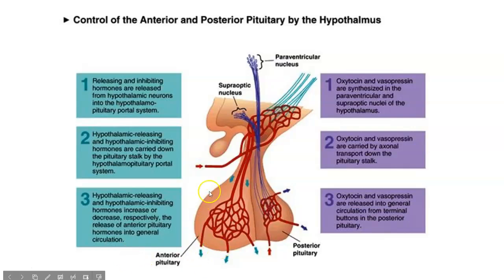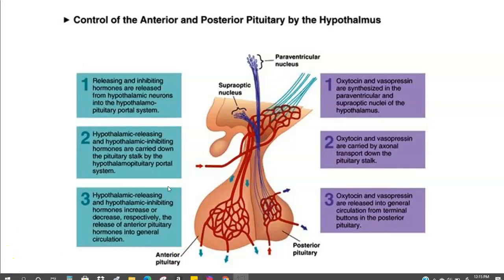So these regulatory hormones will go through this vascular connection, and that is referred to as the hypophyseal portal system, and that's a special type of vascular capillary network. So a portal system is named for its destination.